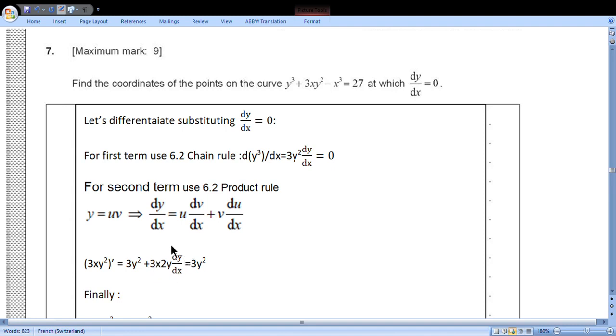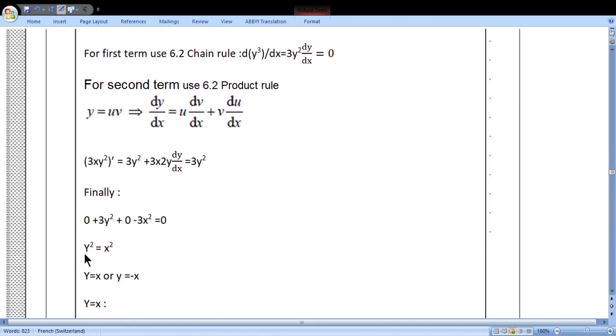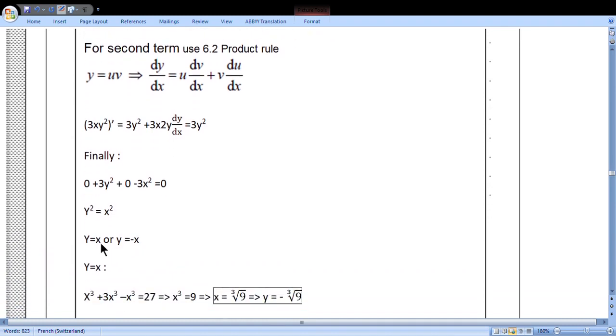This is 0, so the second term simplifies to 3y squared. Also we differentiate minus x cubed, which becomes minus 3x squared. So we get y squared equals x squared, which means that y equals either x or y equals minus x.